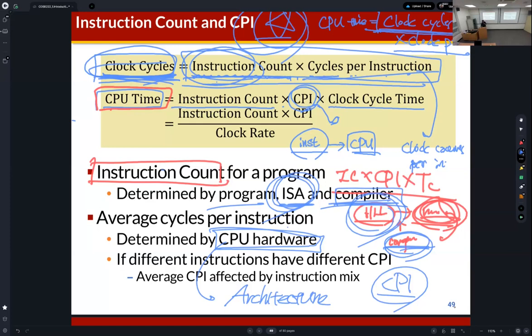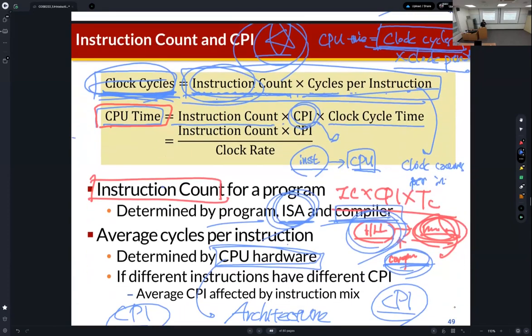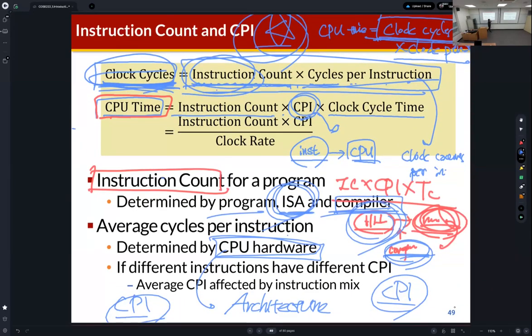So CPI is influenced by the architecture of a processor. And then, as I explained, the frequency is highly influenced by semiconductor technology, also the quality of the system design.